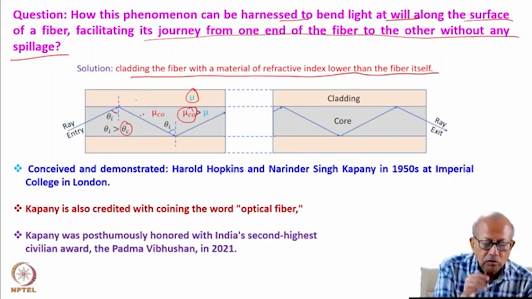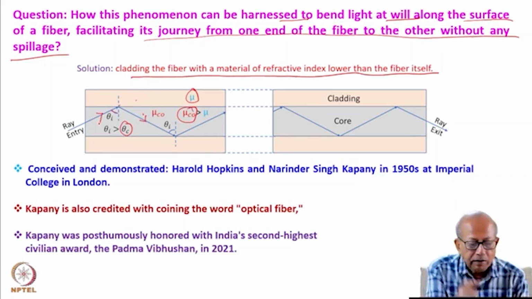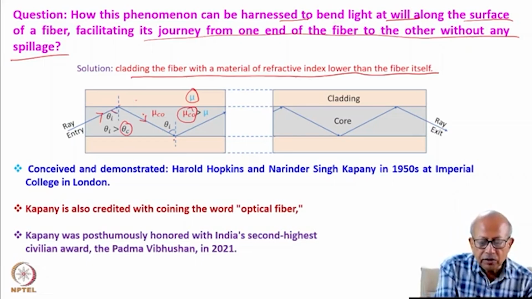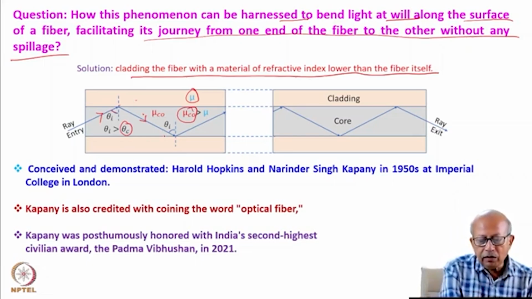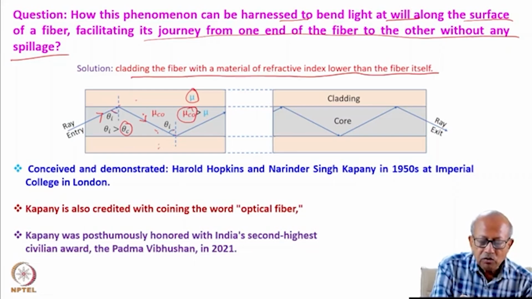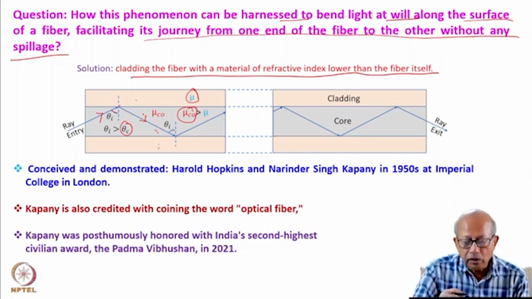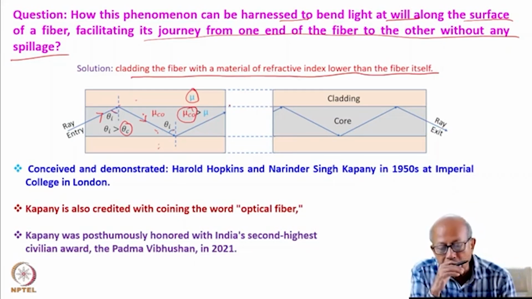The entire light will be reflected. And after reflection, as it hits the other core-clad interface, it will again be incident at an angle exceeding the critical angle. So it will undergo total internal reflection every time it hits the clad and core interface.